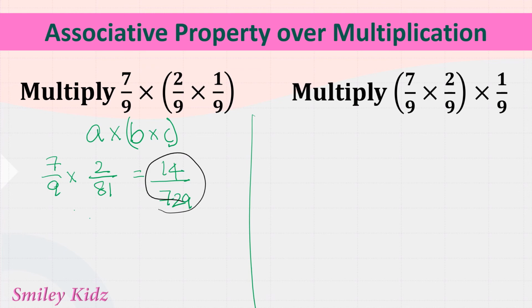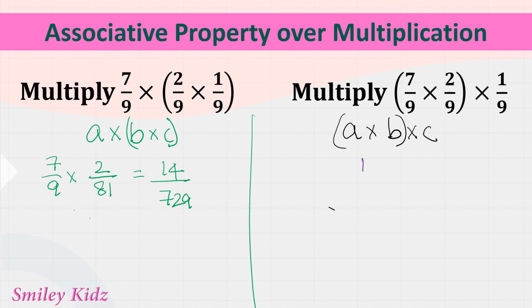What about the second condition? Let's see. The second condition will be A multiplied by B multiplied by C, where A and B are in brackets. So first we will be solving the brackets part.